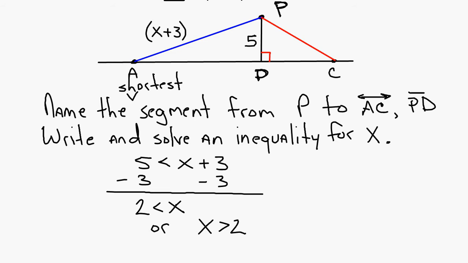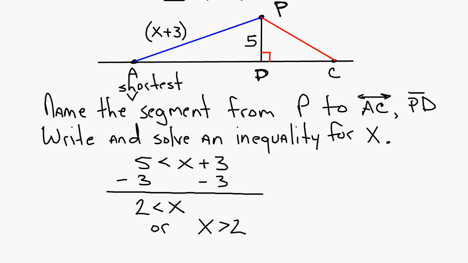Why is 5 less than x plus 3? Because right above this triangle, you wrote that the shortest distance from a point to a line is along a perpendicular segment. Well, it has to be less if it's perpendicular, right? If you just look at it, the shortest segment from a point to a line is perpendicular to the line.